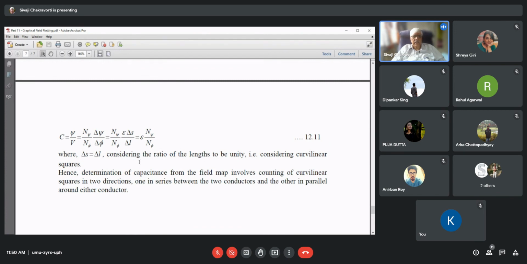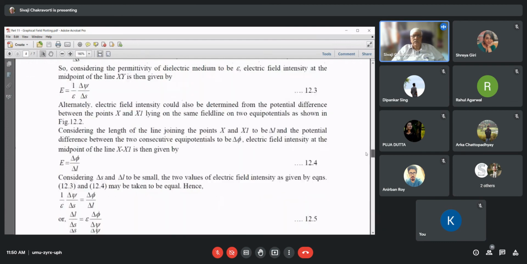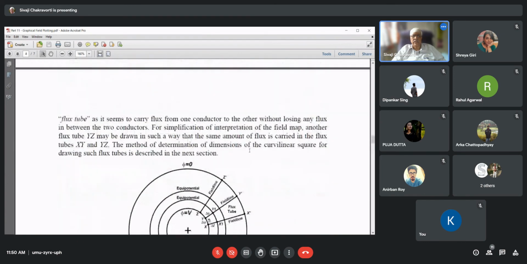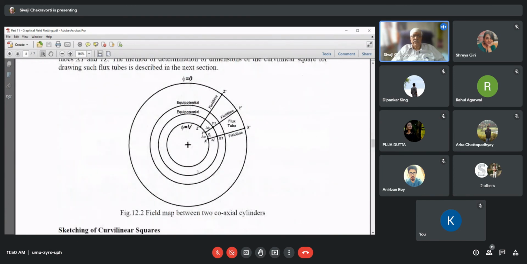If you have some time, take one graph paper and try to do this graphical field map. It will be so good. Or alternately, if you are good in software, just write a code to develop the field map for this concentric cylindrical system.